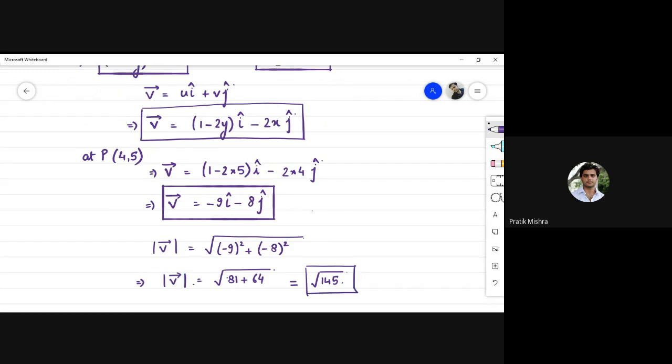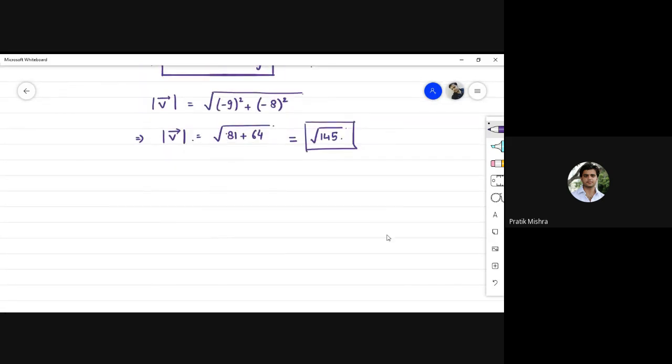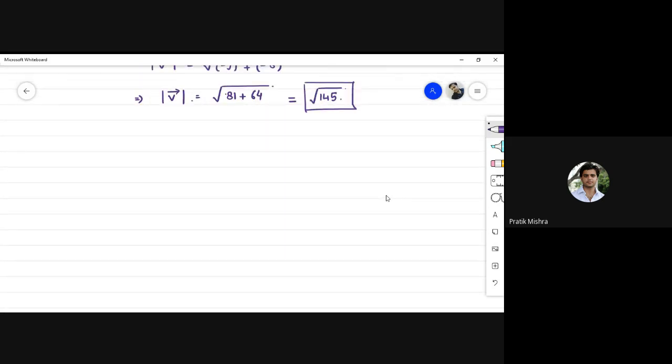Up next is you need to determine the stream function using these velocity components. उसको डिटरमाइन करने के पहले मैं आपको कुछ रिकॉल कराना चाहता हूं.